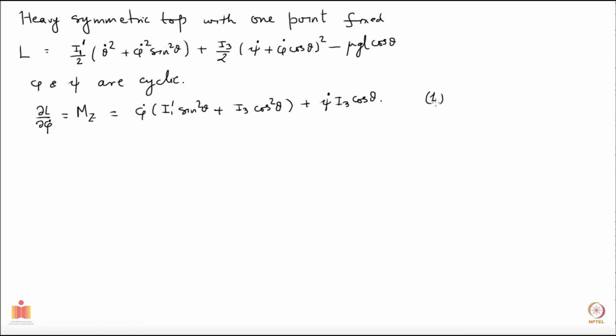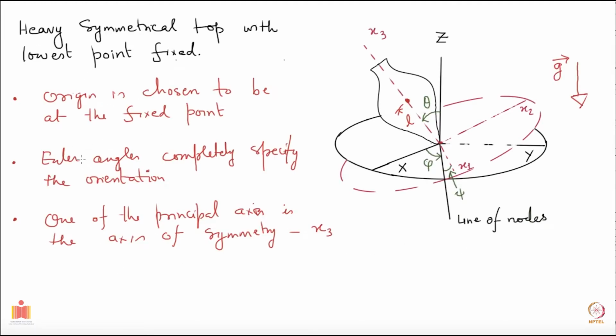Now psi is also cyclic, so del L over del psi dot will be a constant. So here Mz is a constant. And what is del L over del psi dot? Let's go back. This rotation psi was happening about the x3 axis.